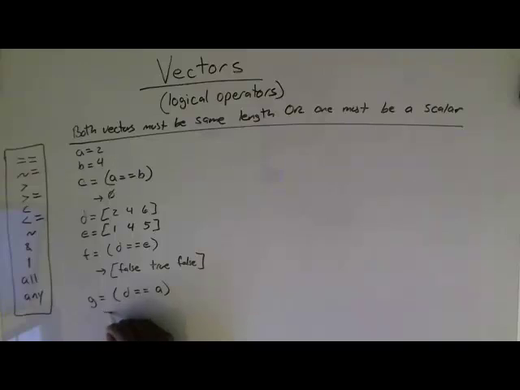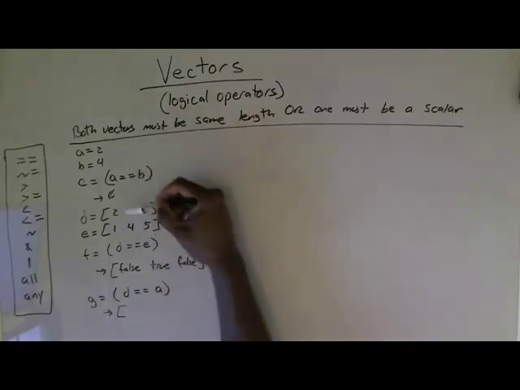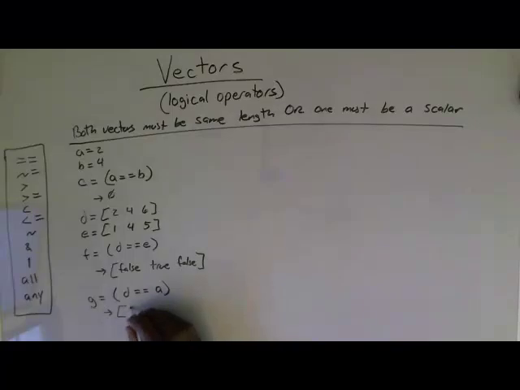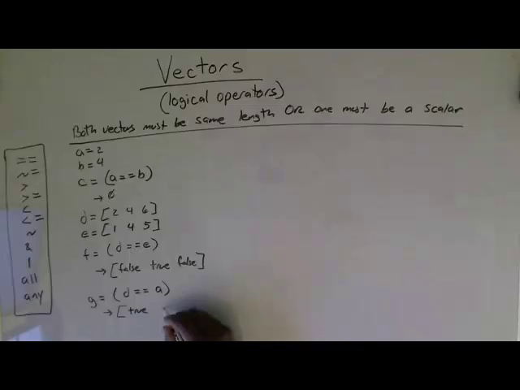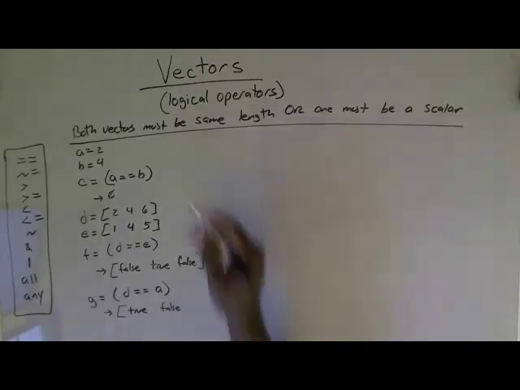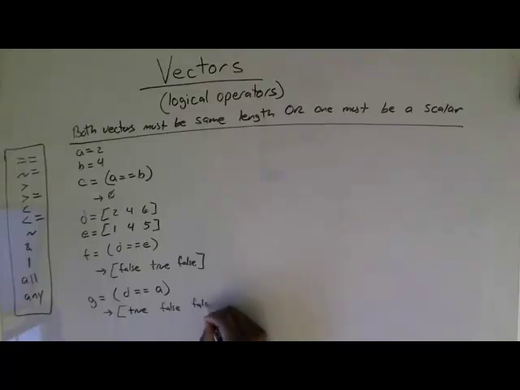So now I say, is D equal to the value of A? Is 2 equal to 2? Yes, that's true. Is 4 equal to 2? That's false. Is 6 equal to 2? That's false. So the resulting vector G would be true, false, false.